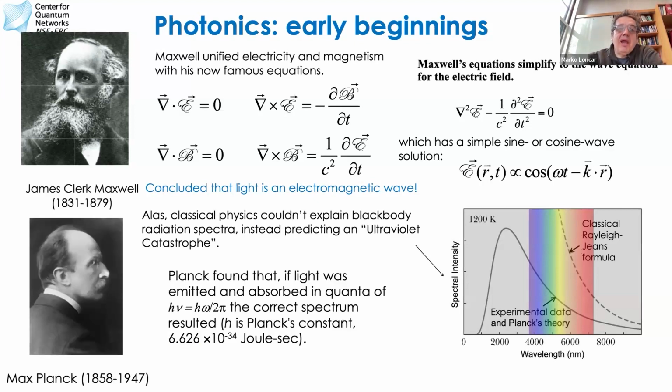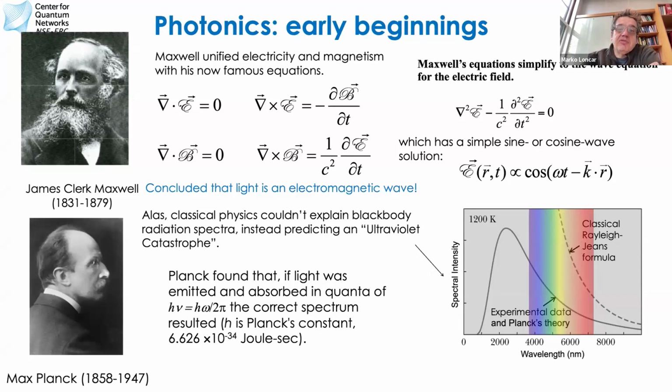That's when Max Planck postulated that maybe light can also be thought of as a particle. Describing light in terms of particles of light, photons, with energy as listed here, he was able to describe the experimental observation of black body radiation.